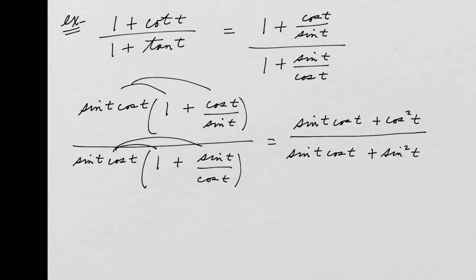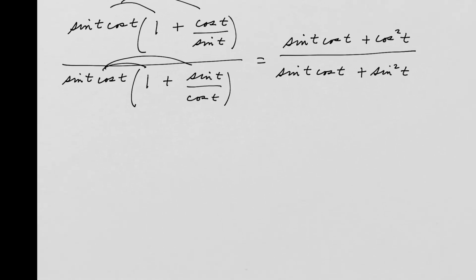Okay, what I could do now, looks like in the numerator, see how cosine is common? There's two, so there's at least one there and there's one there. It's common to both terms. So I could factor it out. And I'm left with sine of t plus cosine of t.